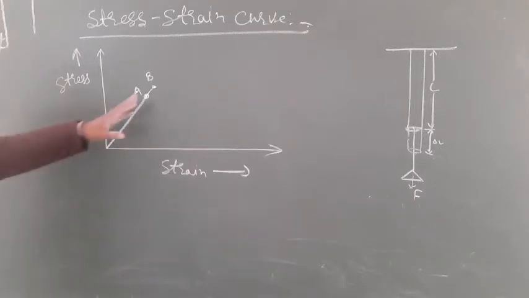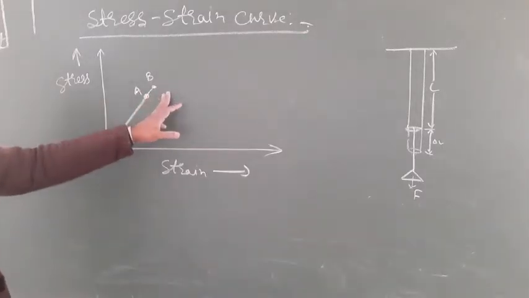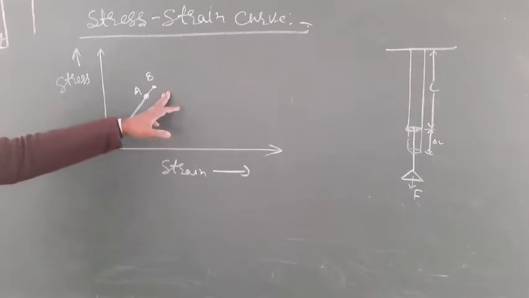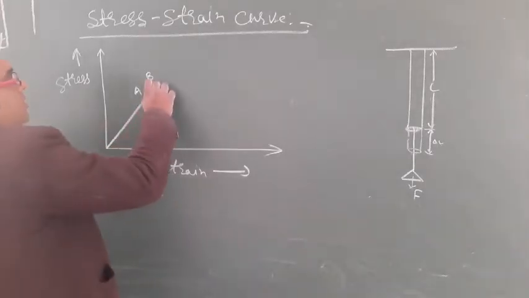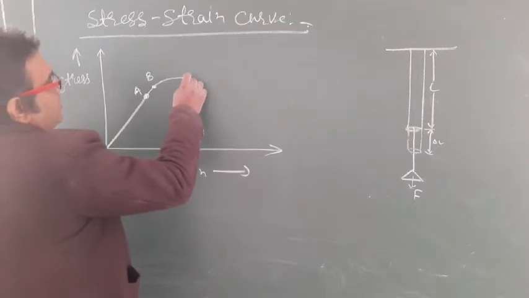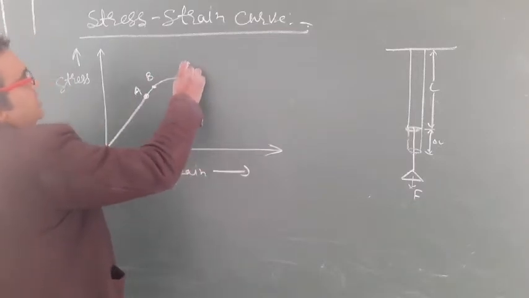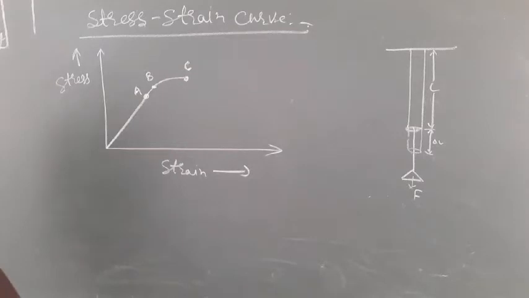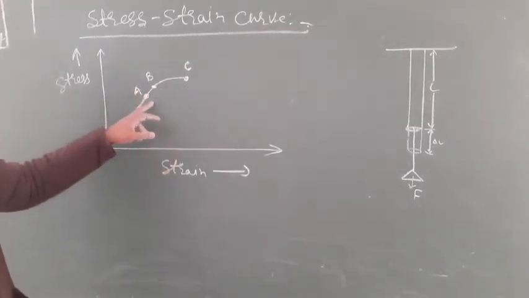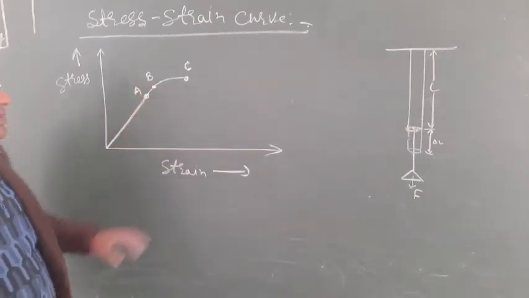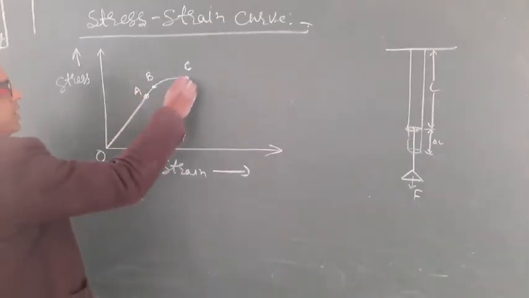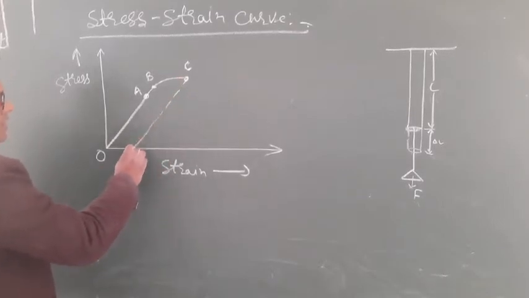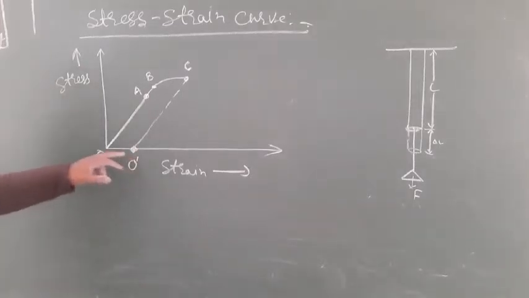Now after that, if we increase the force or load, the body will not obey Hooke's law and we reach point C. At point C we get permanent deformation in the body. Suppose this is point O, then after removal of the force we will reach O dash, which is the permanent deformation in the body.